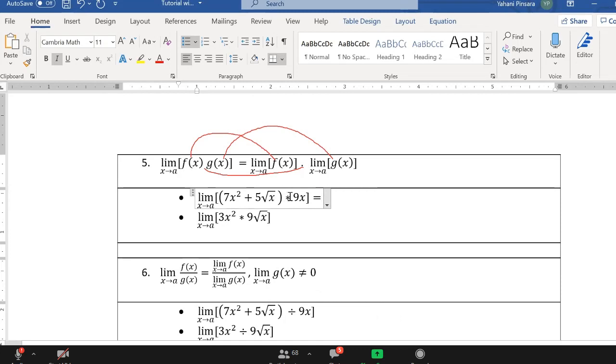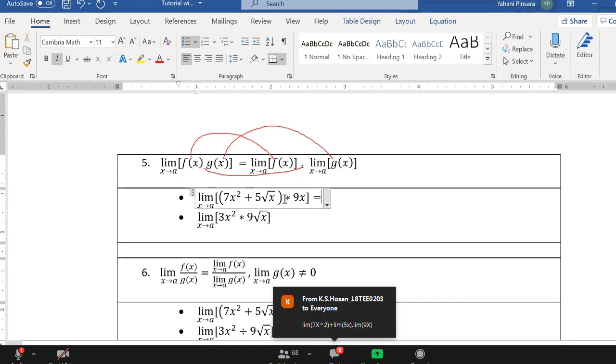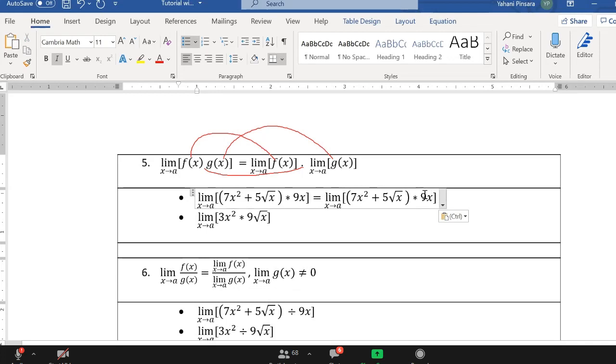So here you can find the multiplication. You have to take 7x to the power 2 root 5x here. This one is taken here. Then you have to take this multiplication here. And then you have to take this 9x along with the limit.